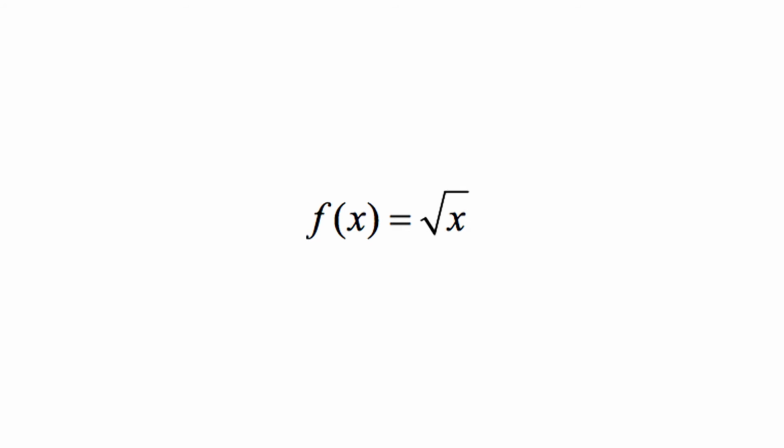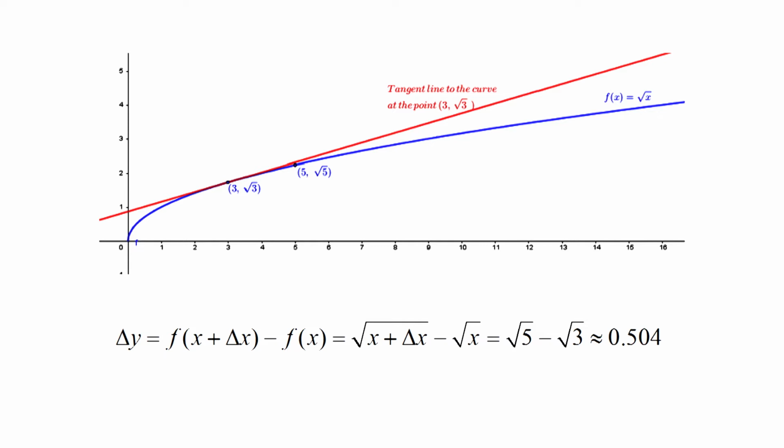As an example, we find dy and delta y at x is equal to 3 with dx is equal to delta x is equal to 2, where y is equal to square root of x. With f of x is equal to square root of x, we obtain delta y is equal to f of x plus delta x minus f of x, which is equal to square root of x plus delta x minus square root of x, which is equal to square root of 5 minus square root of 3, which is approximately equal to 0.504.